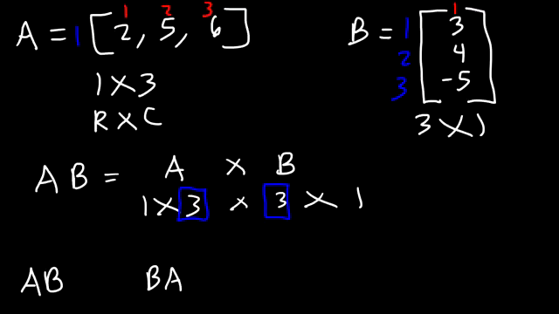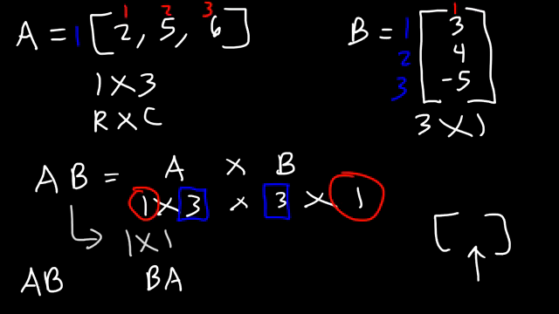And the order of matrix AB is going to be the product of the outer two numbers, which do not have to be the same. So the order of AB is going to be a 1 by 1 matrix. Therefore, we should have only one number in this matrix. It could be like 7, 12, 15, who knows.